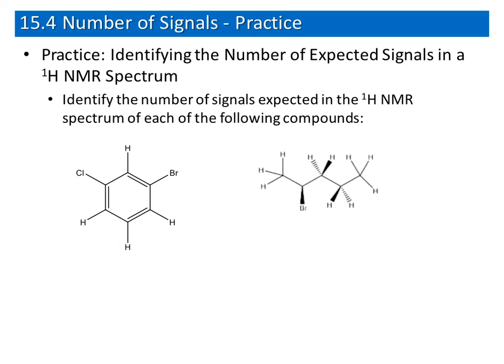This hydrogen is closer to 2 hydrogens, and this hydrogen is closer to bromine and 1 hydrogen. So as you can see, all of them have different chemical environments. Therefore, they are not the same, they are not identical, and we are going to see 4 different signals in hydrogen NMR.